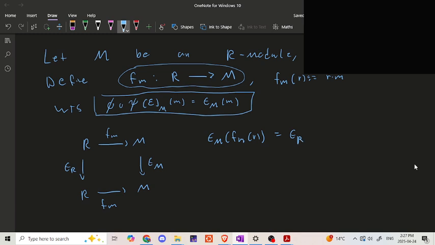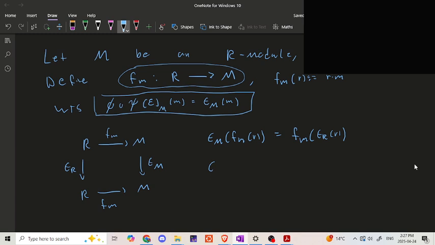Have I written things in a strange manner? No, it's okay. This must be the same as applying f_m to epsilon_R at r. I think I probably want to evaluate things at 1 here somewhere.